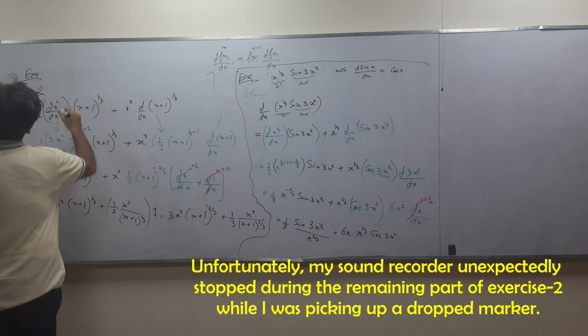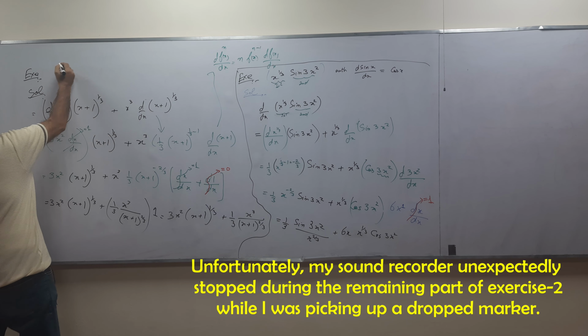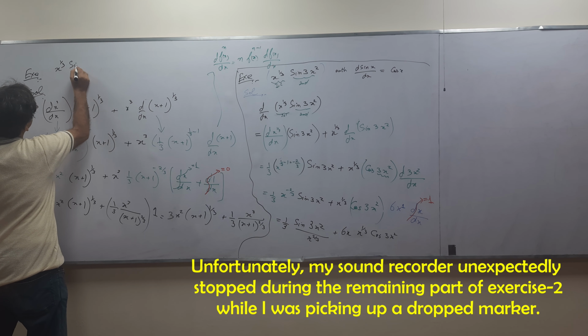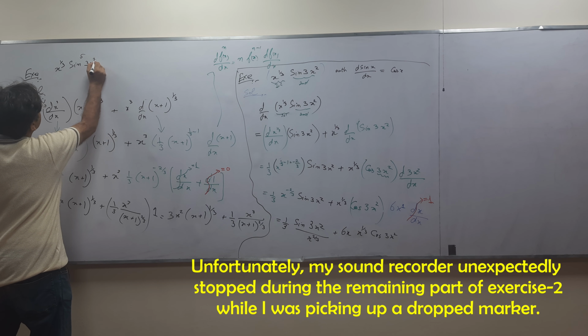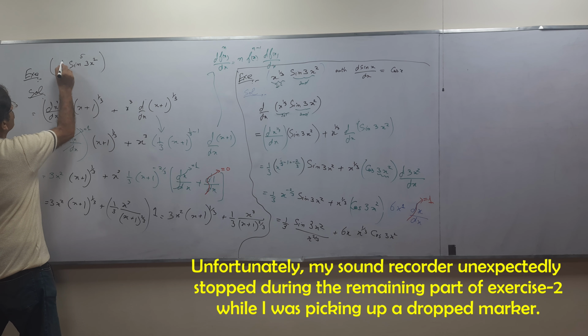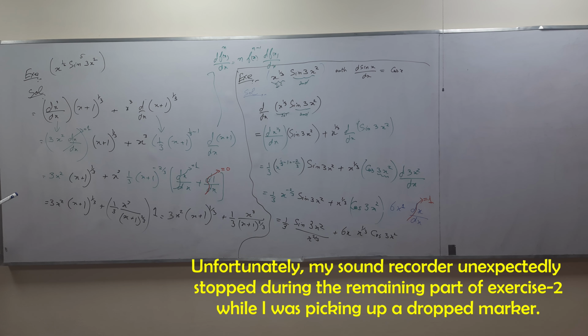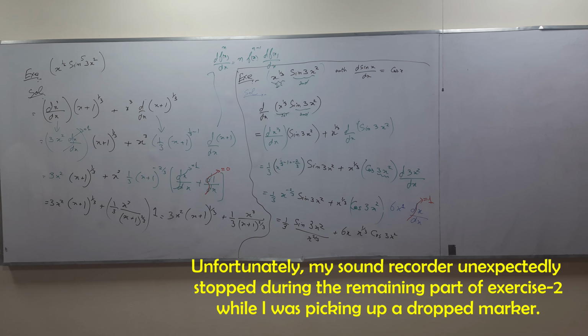If this is the exercise, x to the power 1 by 2 sine to the power 5 of 3x square, how may we solve it? Okay.